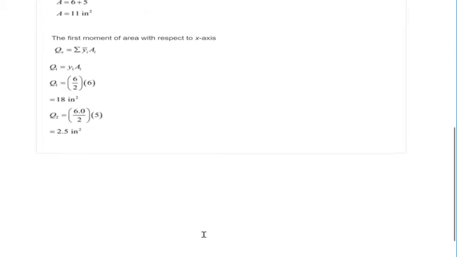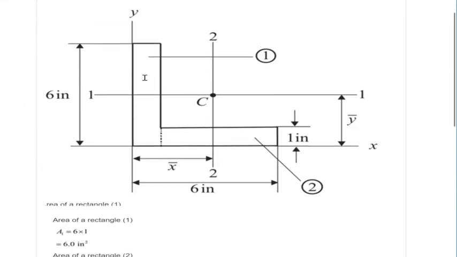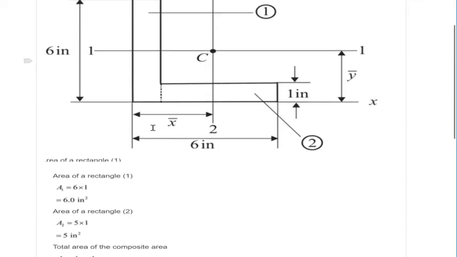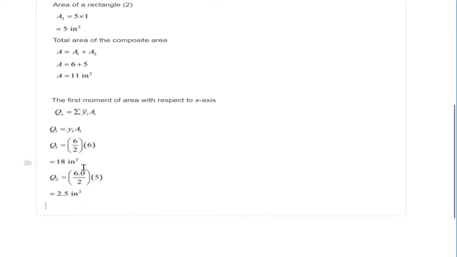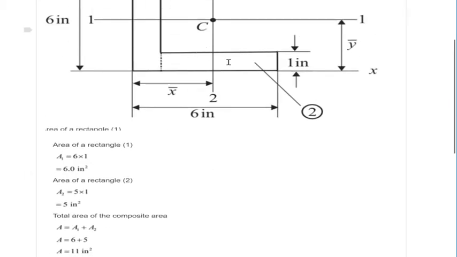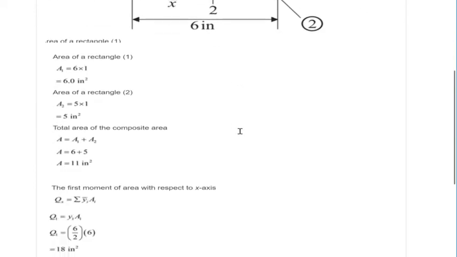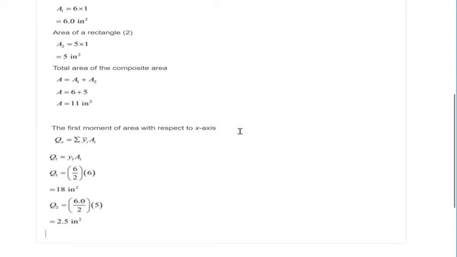We have Q1 equals y1 A1, which would be 3 over 2. That would be this height, right? Times the area 6, and the other, Q2, would be y2, which would be 3, what?